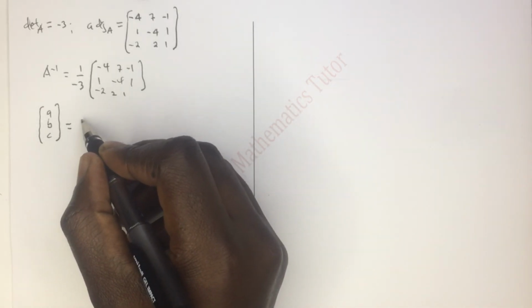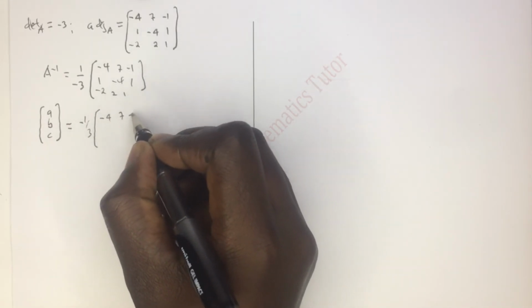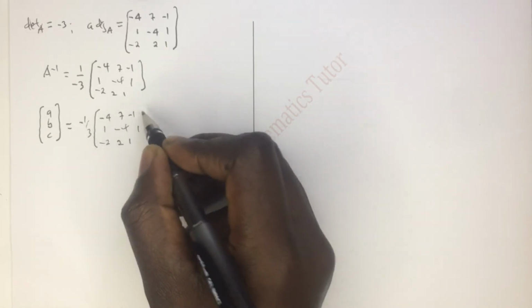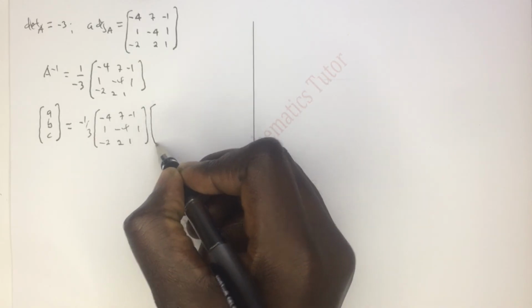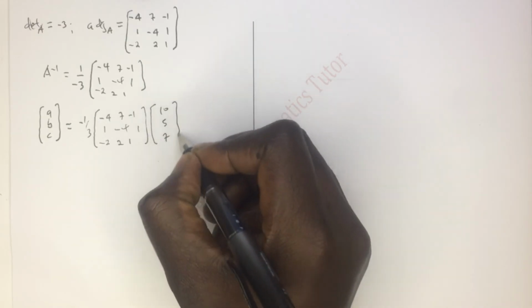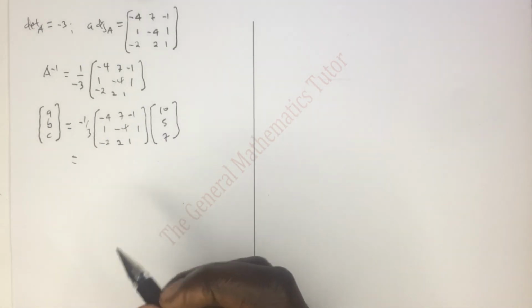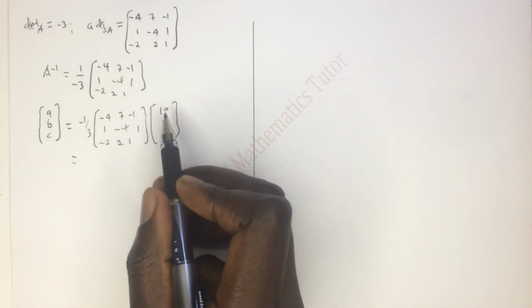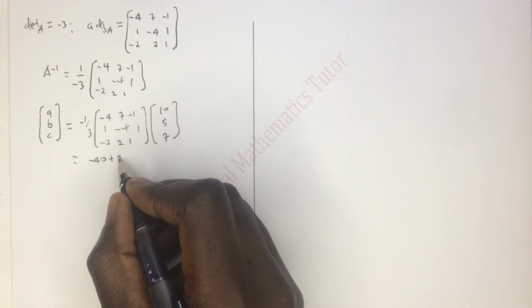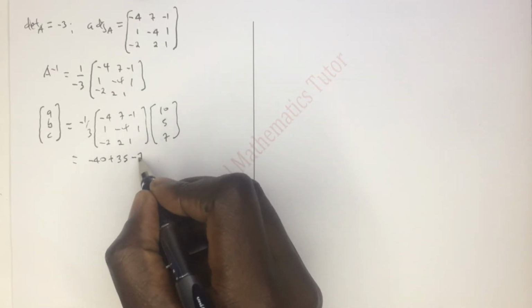So just check, that is now -1/3 into -4, 7, -1, 1, -4, 1, -2, 2, 1 times what we had on the right hand side. That was the results. It was 10, 5, and 7. So we can multiply these two matrices first, then we multiply by the scalar there. So we're going to have -4 times 10, which is just -40, plus 7 times 5, which is 35, plus -1 times 7, which is just -7.